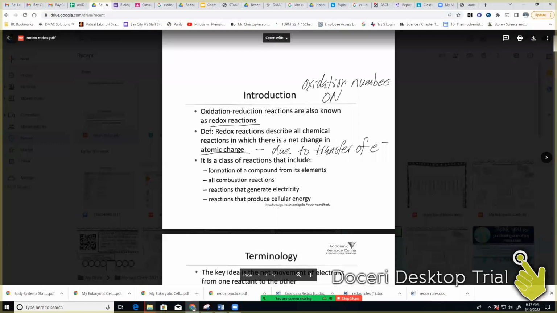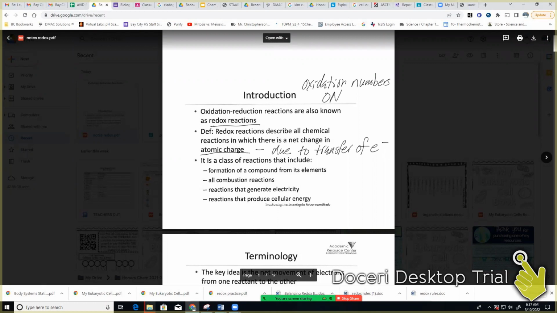We've already studied some types of oxidation reduction reactions, because that is not the only way that most of these reactions can be classified. So formation of a compound from its elements, a synthesis reaction, would be an example of one we've studied. All combustion reactions, where you combust something in the presence of oxygen.